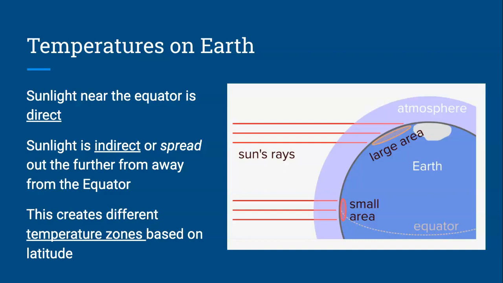The sun is out, but it doesn't feel as hot. That's because the sunlight in winter is indirect. Now, because some parts on Earth have direct sunlight and some parts have indirect sunlight, that creates differences that we call temperature zones. And in fact, there's 3 temperature zones based on latitude.